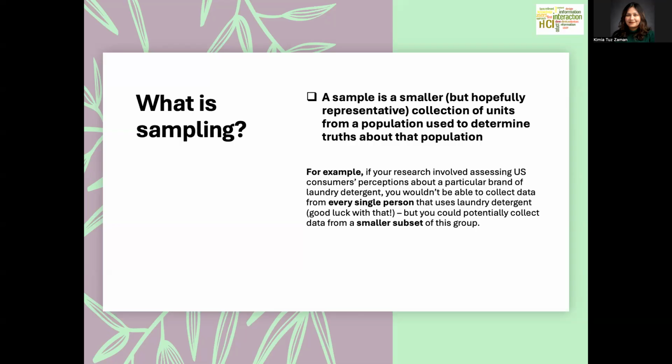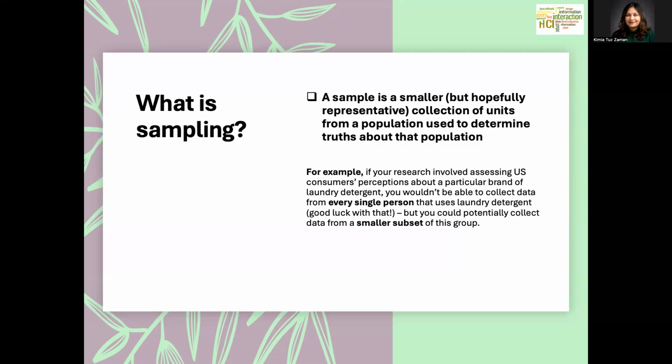Two quick terms to learn: the population, which means everyone or everything we care about. Here we can see an example: all US consumers who use laundry detergent, and the sample is the subset we actually measure.